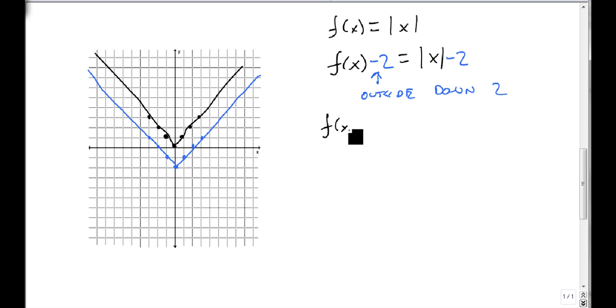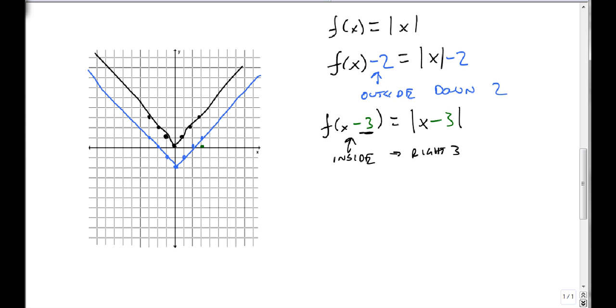If we were to take f of x and subtract 3 from it here, it's inside, and so it affects the absolute value because we're going to change this. And since this is inside, it's lying, it actually means it goes to the right 3, because that's what makes it 0.